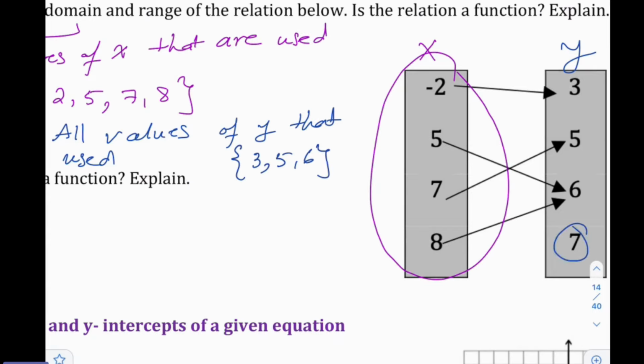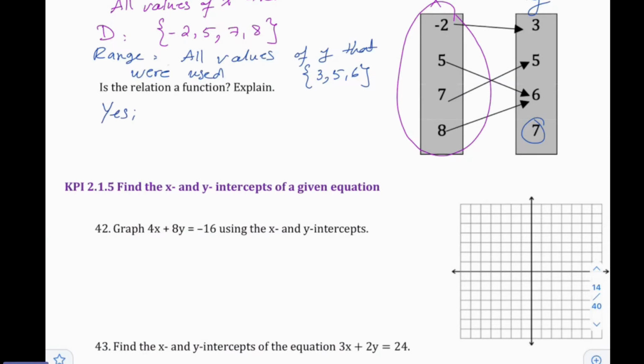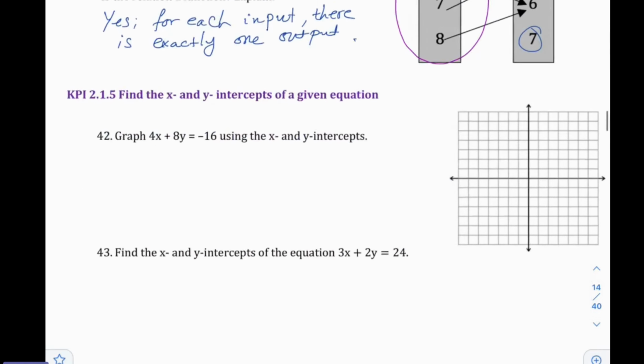It was not used. Is this relation a function? Yes, it's a function, because for each input, or for each element in the domain, there is exactly one output. And we agreed on that.